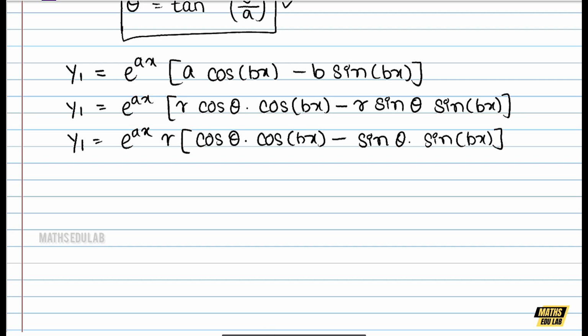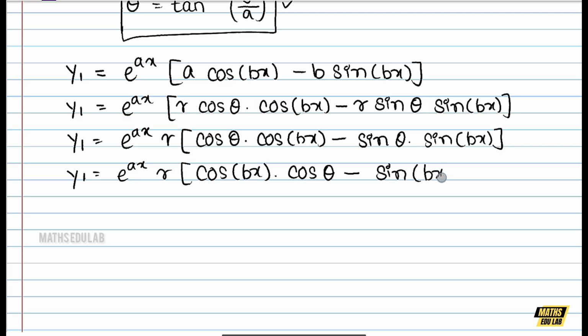Then I can rearrange this to change it into a trigonometric formula. For that I have written e to the power of ax r, cos bx into cos theta minus sine bx into sine theta.